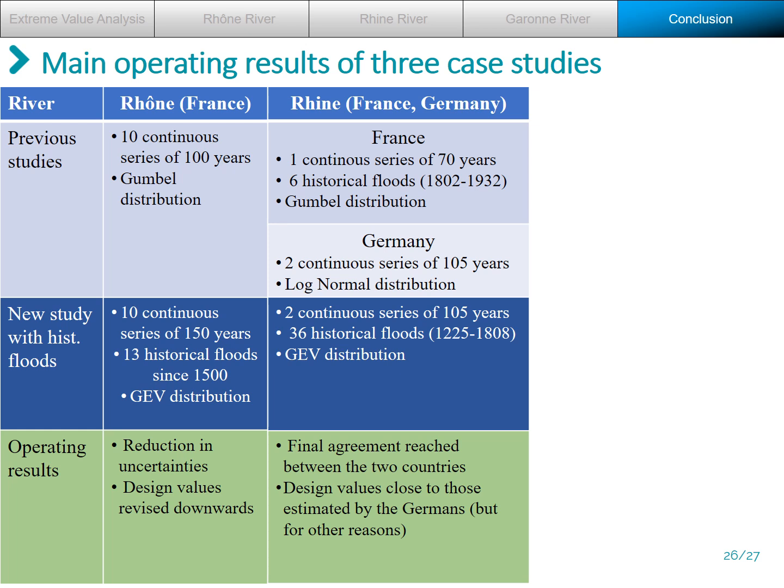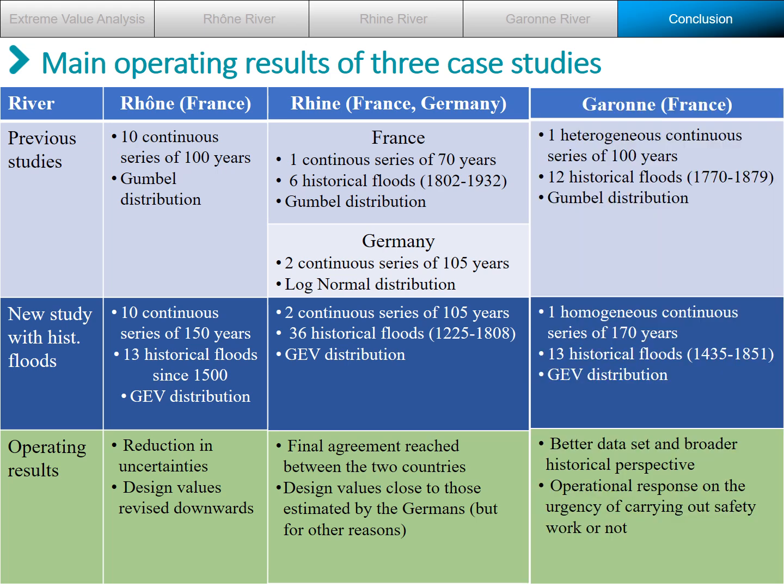On the Rhine River, instead of a binary choice, not using historical data or using historical data without data review, we applied a statistical framework accounting for uncertainties. It was possible to obtain a final agreement between the 2 countries. On the Garonne River, there were some opposite studies on the safety of industrial plants. Investigation and review of historical data allowed taking a final decision.